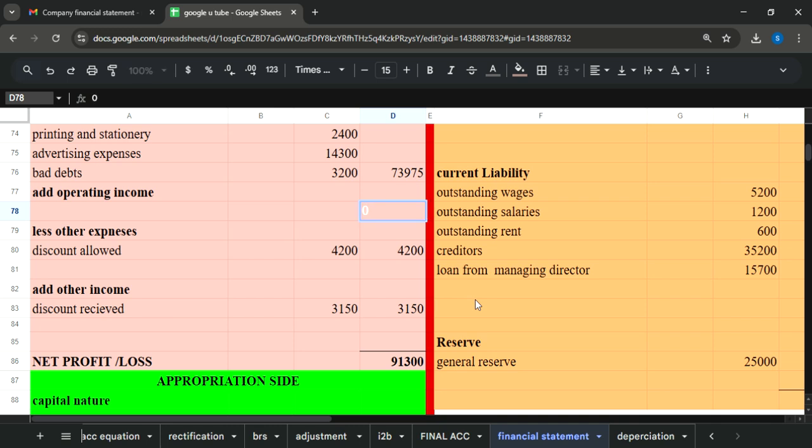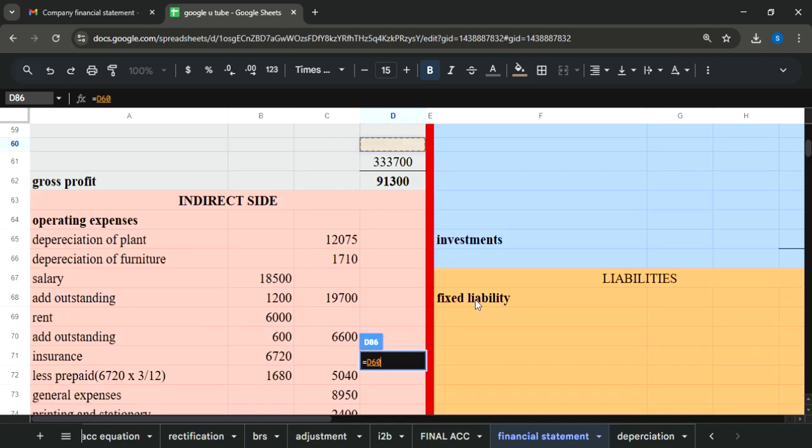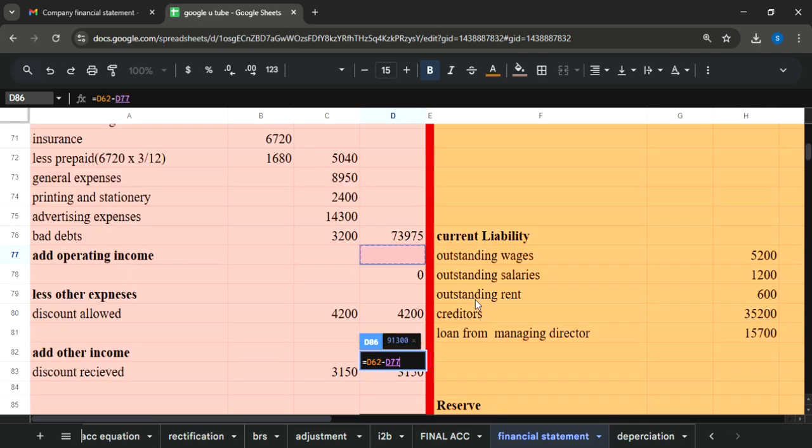So guys, in this way we are now ready to start our calculation for net profit. For this we will go to gross profit, then you will subtract operating expenses, then you will add operating income which is 0, then you will again subtract other expenses. Look at here, you will be focusing upon heading.